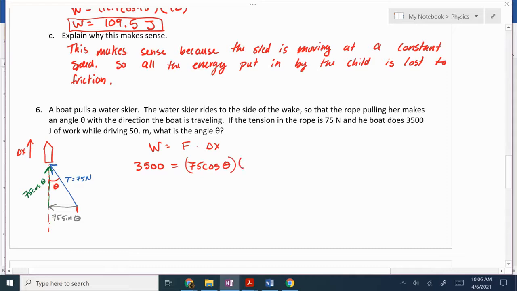And we pull 50 meters, so that's the delta x there. The only thing we don't know is theta.